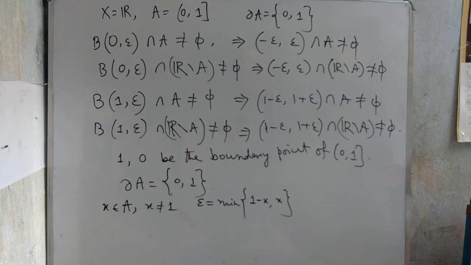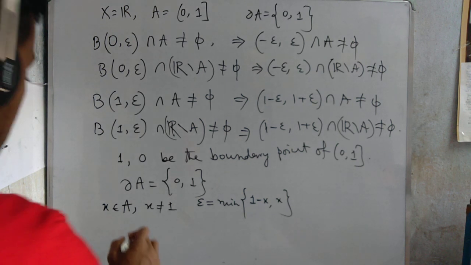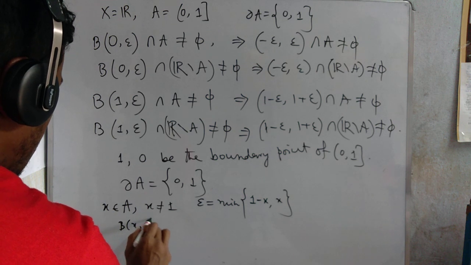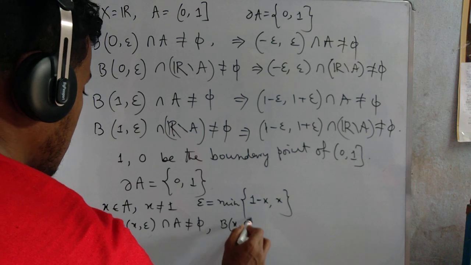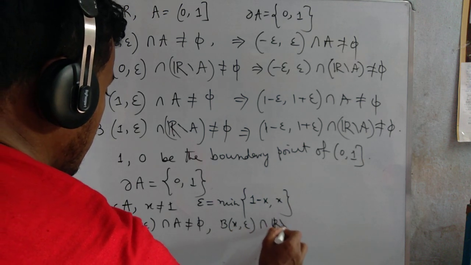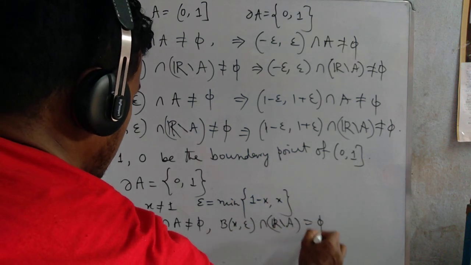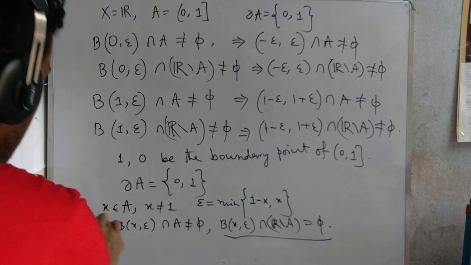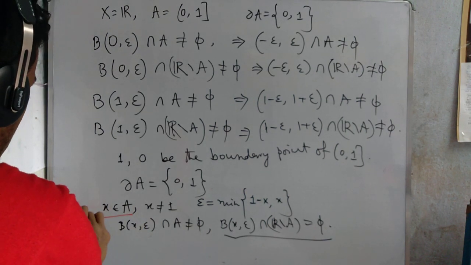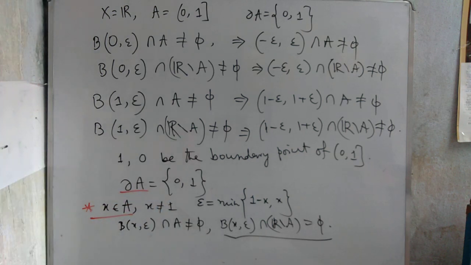Then we find B(x, epsilon) intersection A is not equal to phi, but B(x, epsilon) intersection R difference A is equal to phi. So any point in this set is not a boundary point. In this way we also discuss this one.